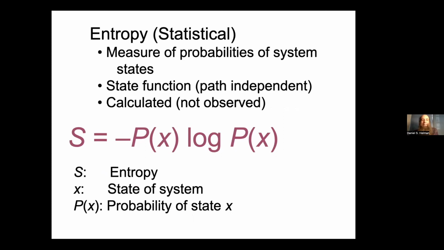But basically, people are taking the same equation. And sorry, I forgot the summation sign here. There really should be a summation sign. It's a sum of the probabilities of the different states of the system.